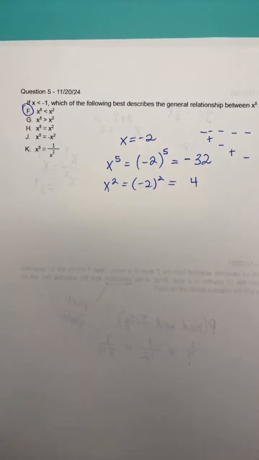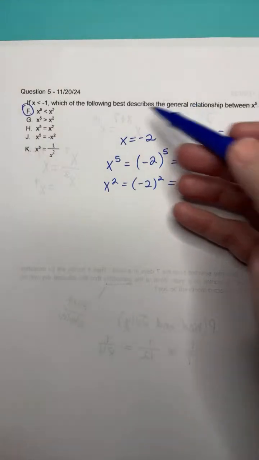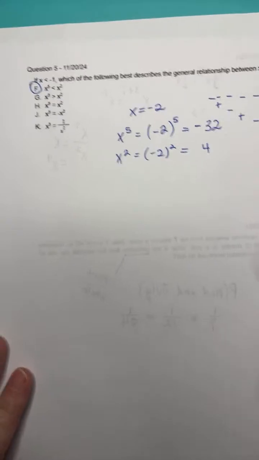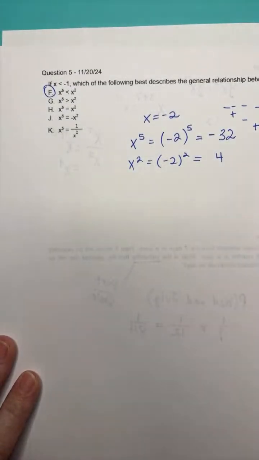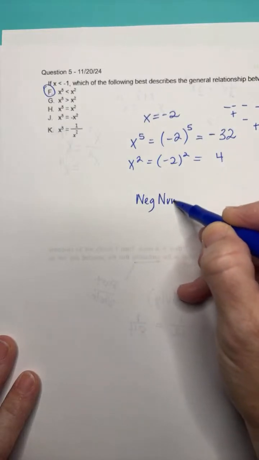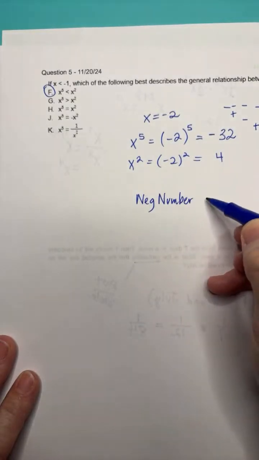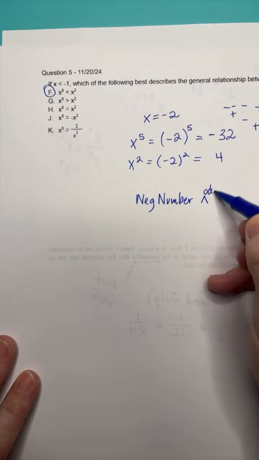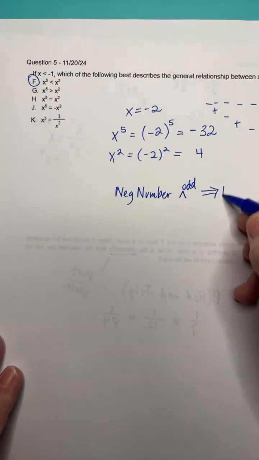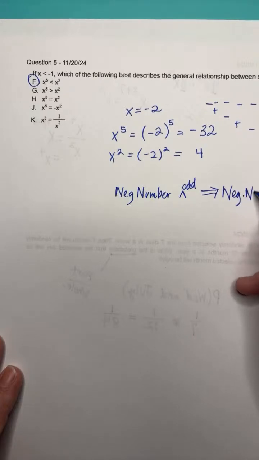And can we use that to apply to all numbers where x is less than -1? And we can, because in general, we want to remember that a negative number that is raised to an odd, I'm going to say do it like that. When it's raised to an odd power, your result is a negative number, right?